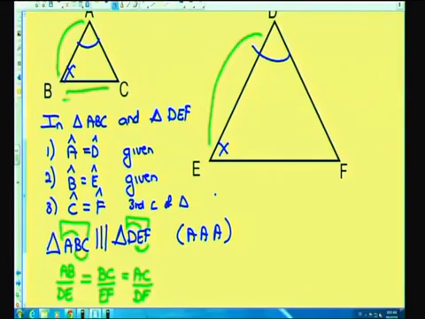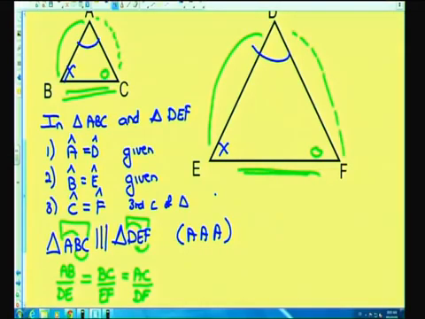BC to EF, it's this blank angle which I'm going to put a circle in with a cross, the blank angle and the cross. So there we have it. And the last one is AC to DF, which again is the half moon with a circle, half moon with a circle, and so we've got it. And this is the actual theorem. It says that if the angles are equiangular, the sides are proportional.